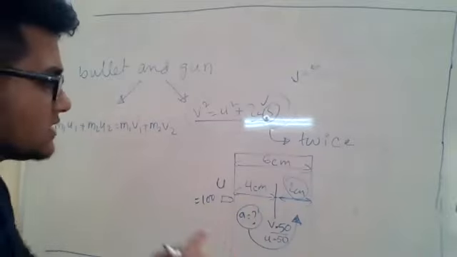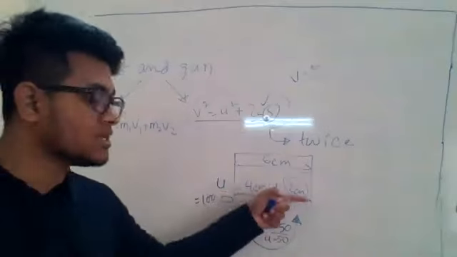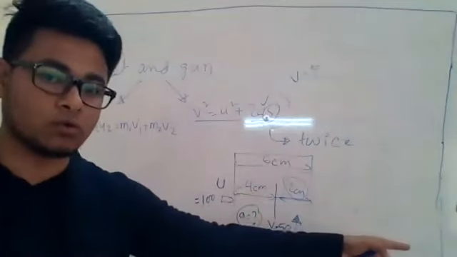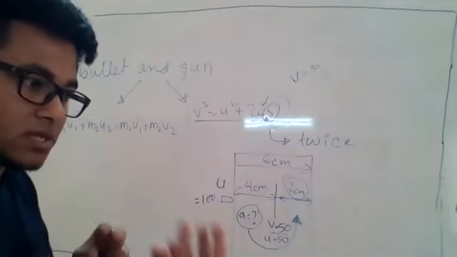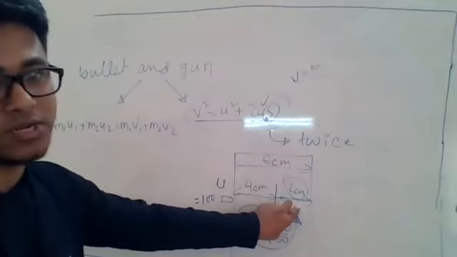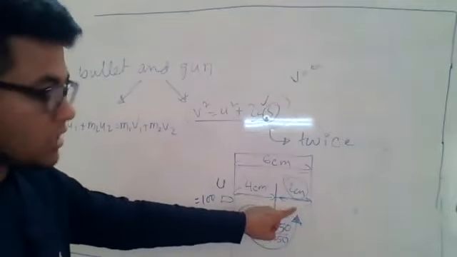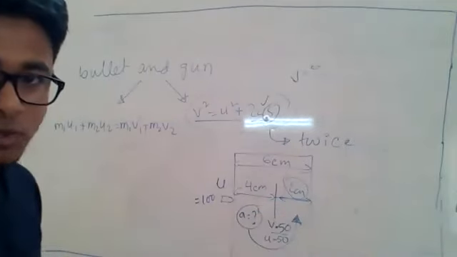If that distance is greater than 2 centimeter, then definitely the bullet will penetrate the wooden block and go through. But if the distance covered before the velocity becomes 0 is less than 2 centimeter, that means it will not be able to penetrate the whole wooden block, and it will stop somewhere inside. Do you understand this point?